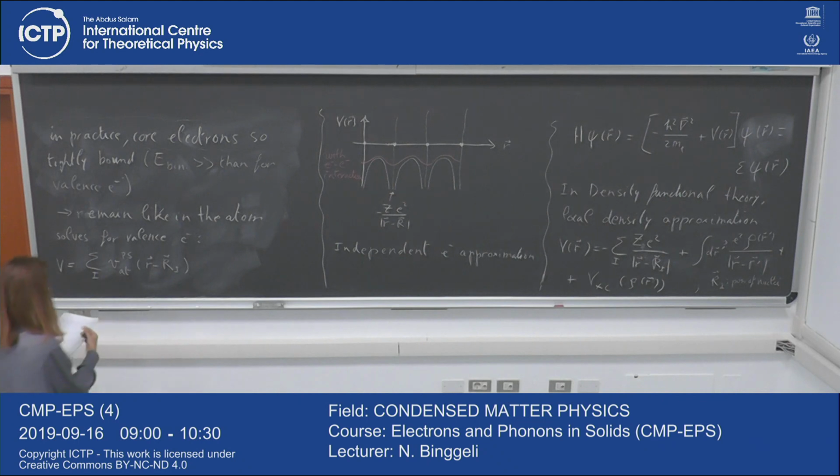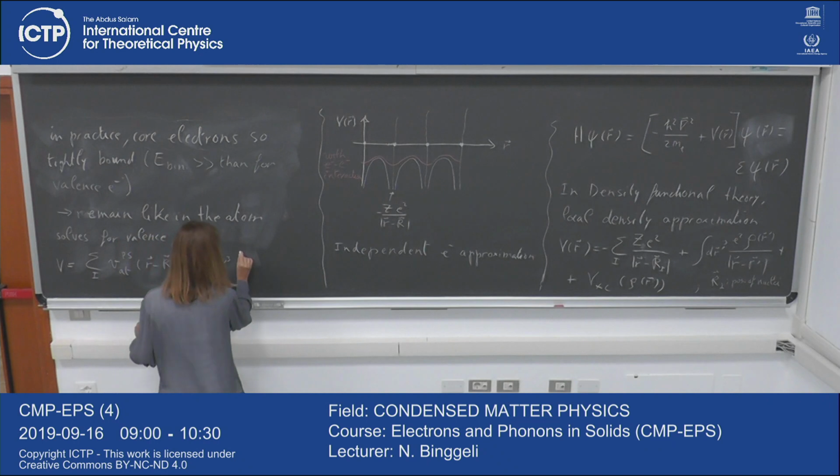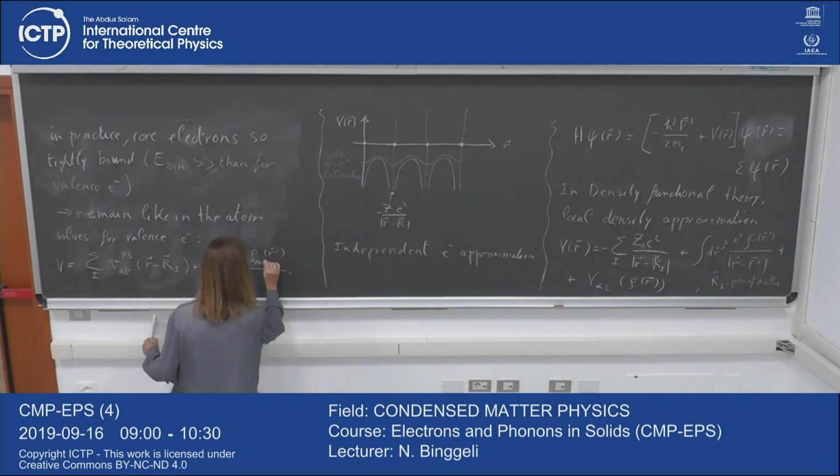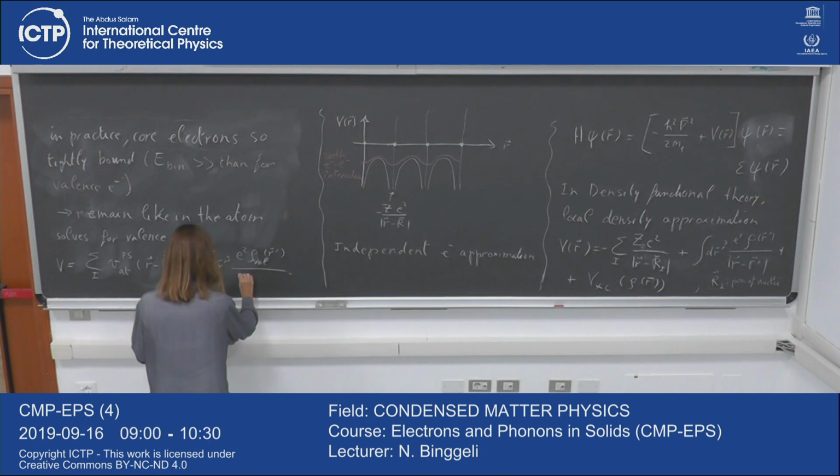And then one has the Hartree potential, the electrostatic potential generated by the electronic valence charge density, valence of R minus R prime.